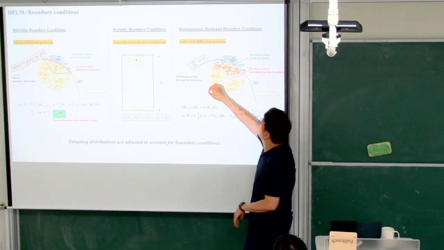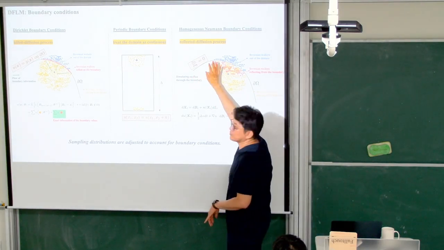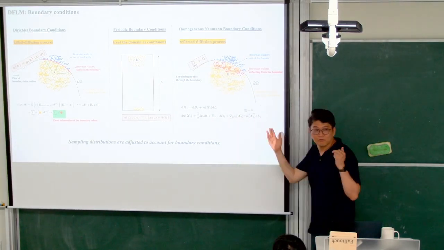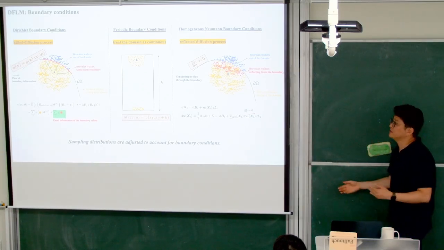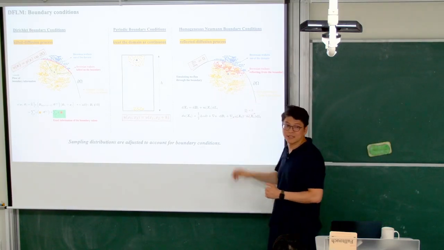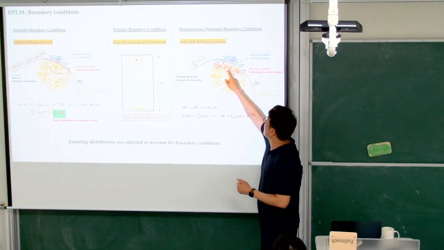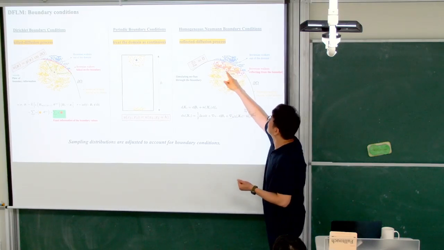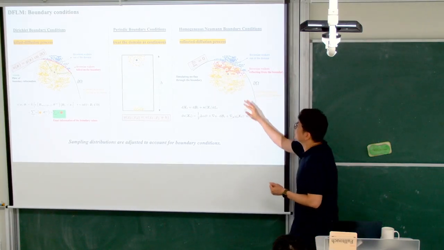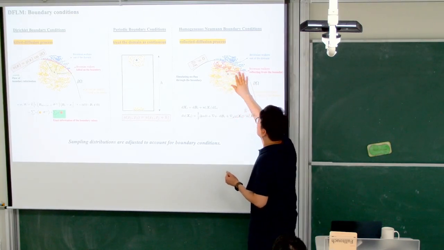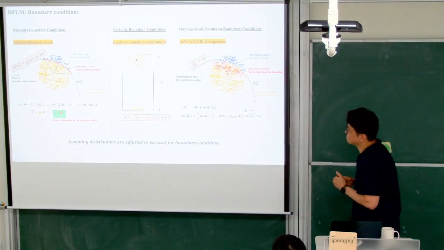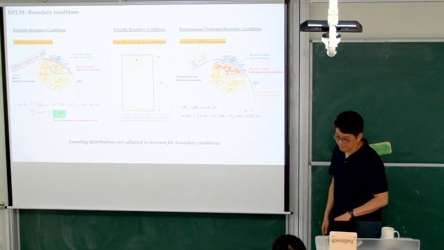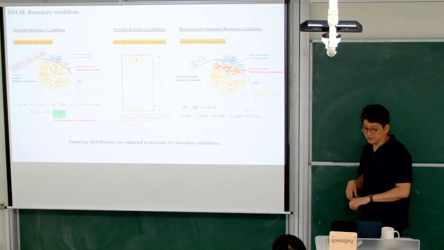And for the homogeneous Neumann boundary condition, basically this term means no flux through the boundary. That means the particle is reflected. So once the simulated particle hits the boundary, it is reflected. That red one is reflected, so it changes the distribution of the average. In this manner, we tackle the boundary conditions without adding loss terms.